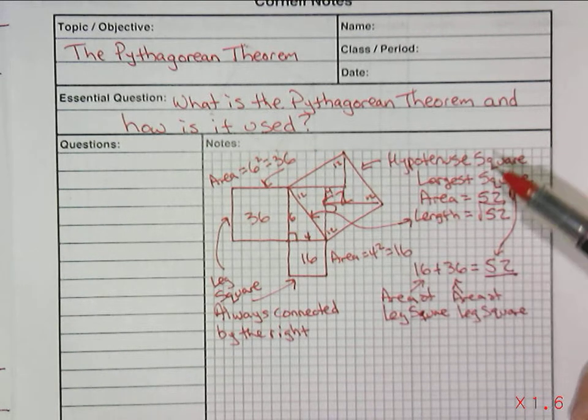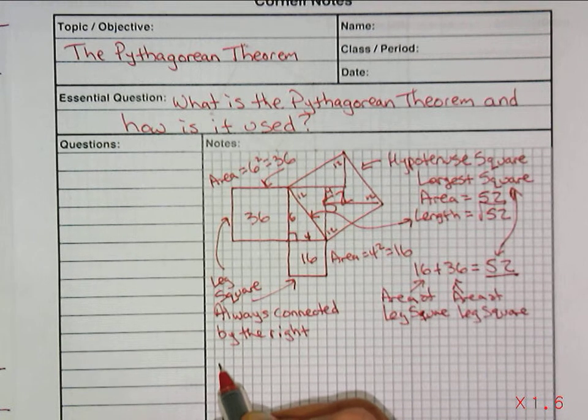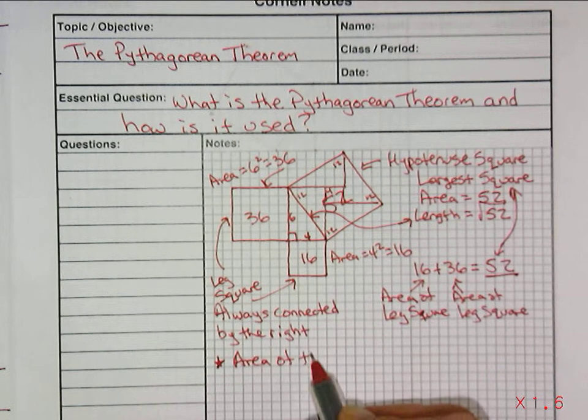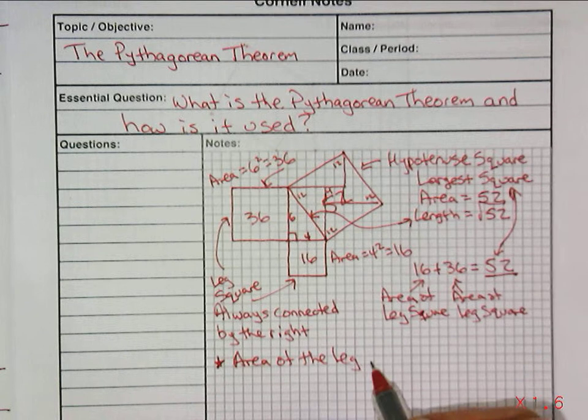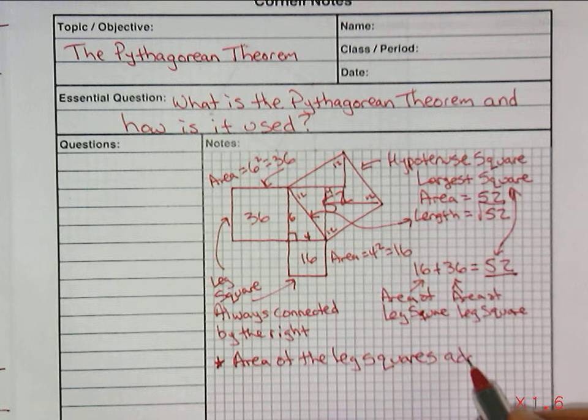And so what that means is that we kind of have a rule now that we can follow. I'm going to write the rule out that we have so far, is that the area of the leg squares added together, so we took those two leg squares and we added their areas together.